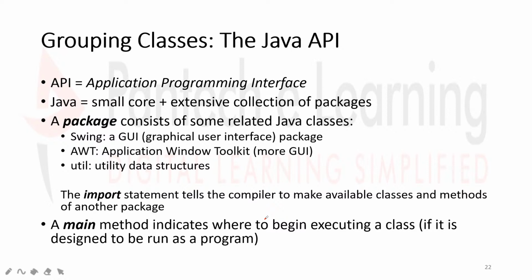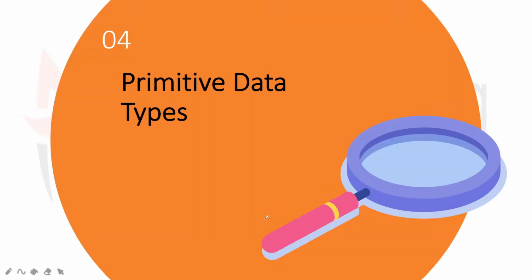Not only these three packages, we have many more. If you need to import those packages, you need to make them available to your class and methods. That is important. And next one, primitive data types. If you take any general programming language, we have these data types.